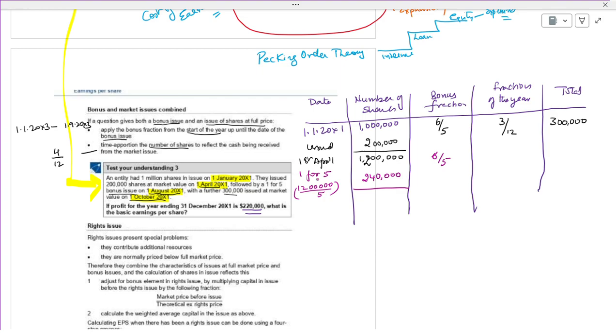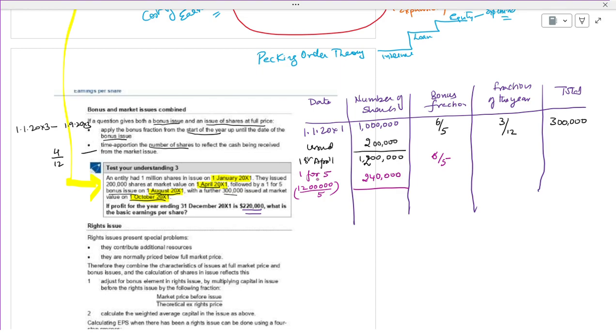August, September, October, November, December. 1st January, 1st April.